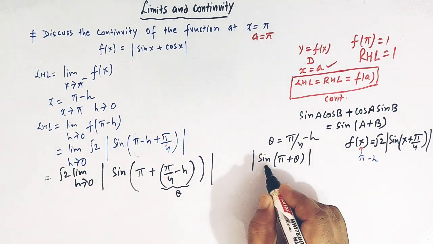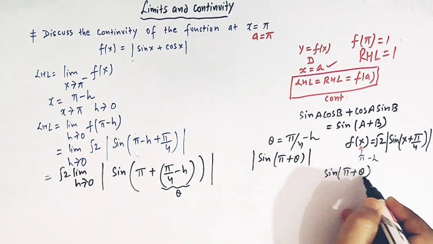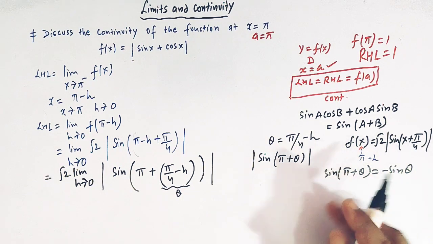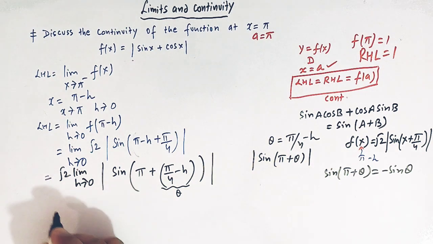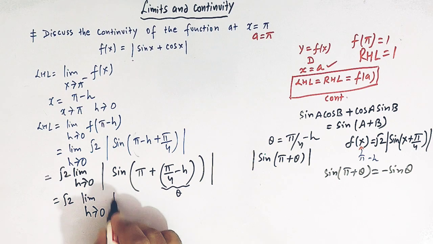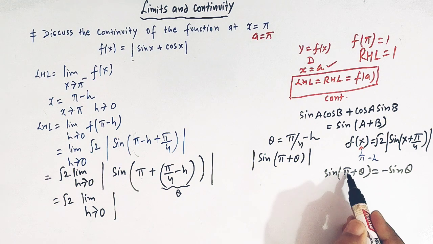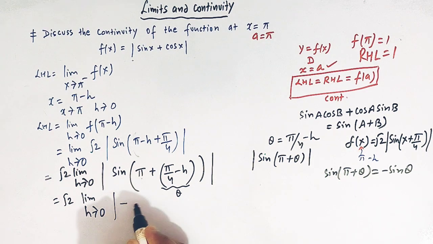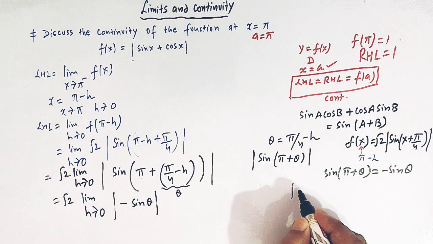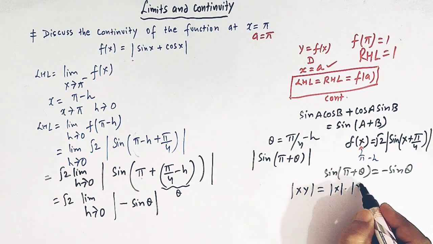So now, as usual, sine pi plus theta is equal to minus sine theta, right? Because this angle pi plus theta lies in the third quadrant. So now we have square root of 2 limit h tends to 0 of mod of sine pi plus theta, and sine pi plus theta is negative of sine theta. So here we have minus of sine theta, right? And again we know that mod of xy is equal to mod of x times mod of y.